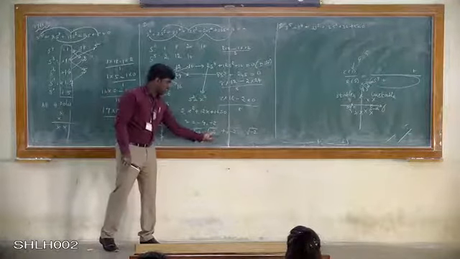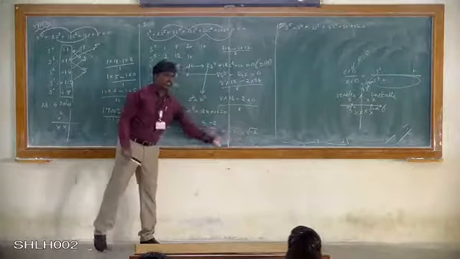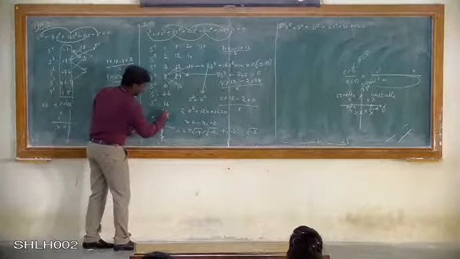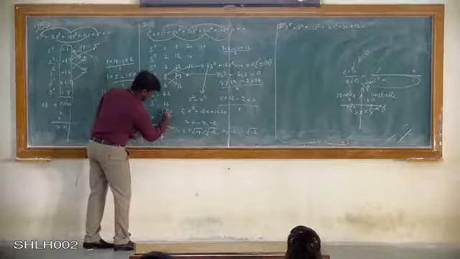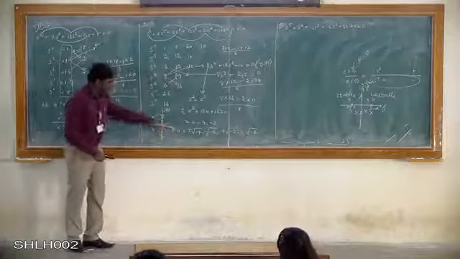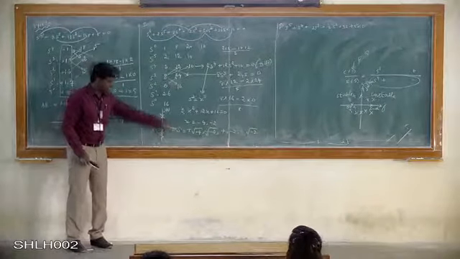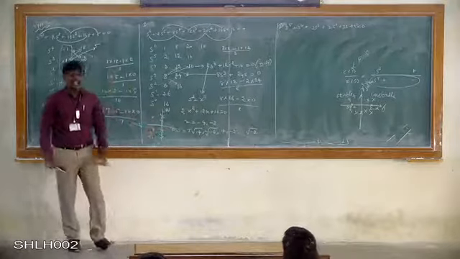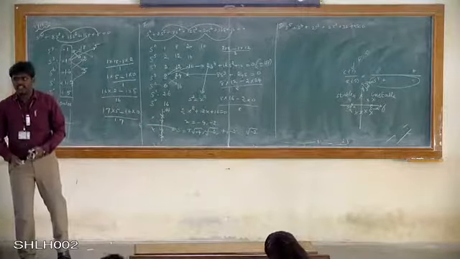This is j omega, sigma over here, real axis and imaginary axis. All these four poles are lying on the imaginary axis, right?